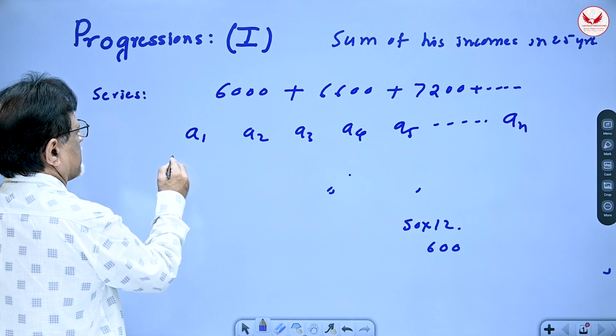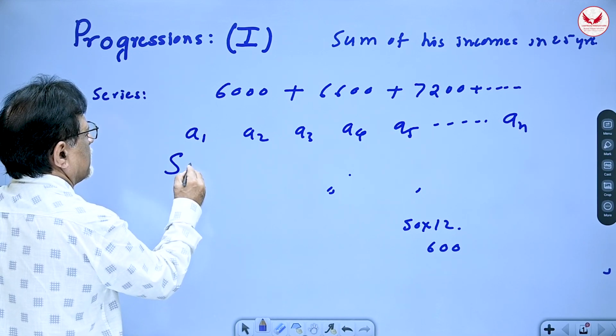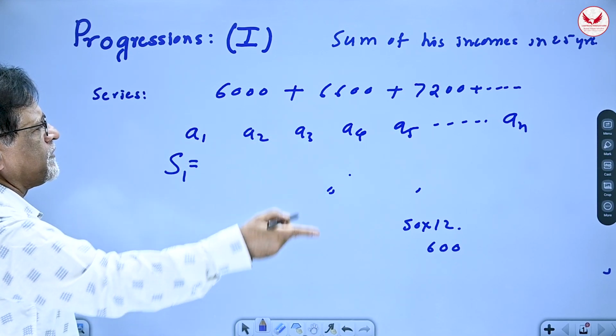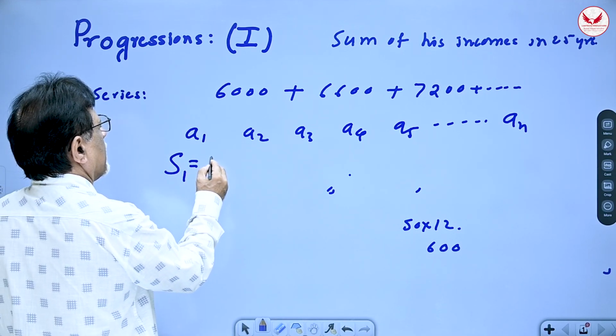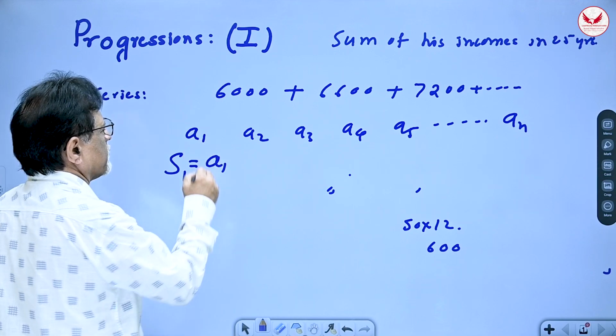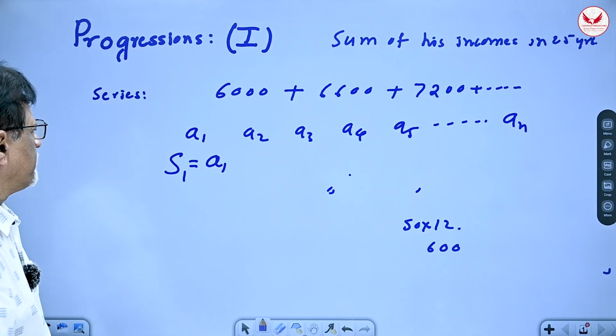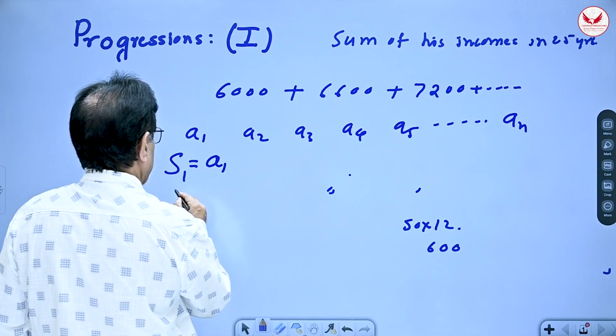Now, suppose I create something like this. So, I'll call it S1. A new sequence is created out of this old sequence. So, new sequence, the first term is S1 and it is nothing but the first term. So it coincides.